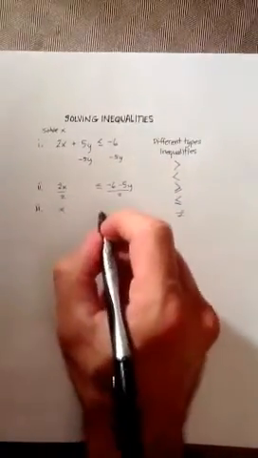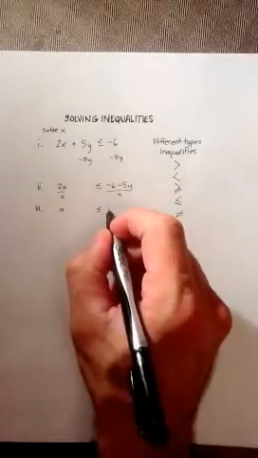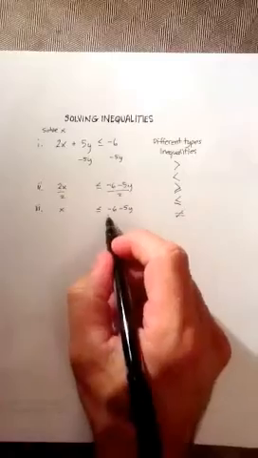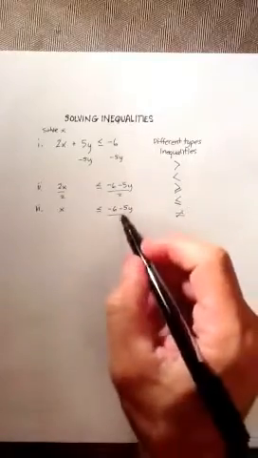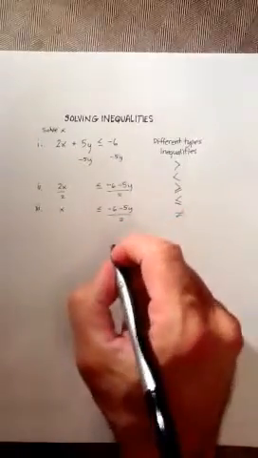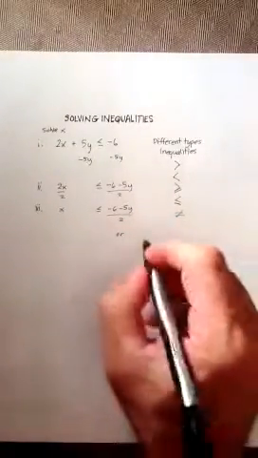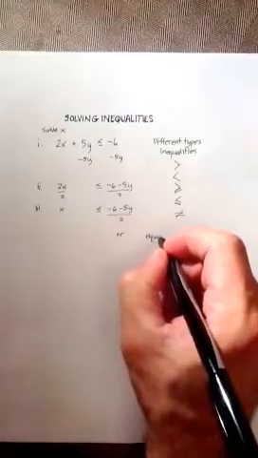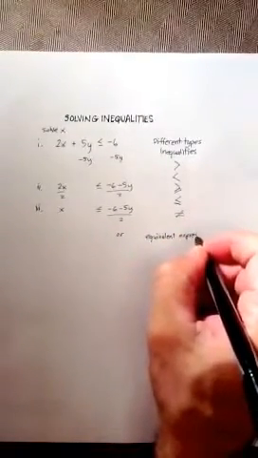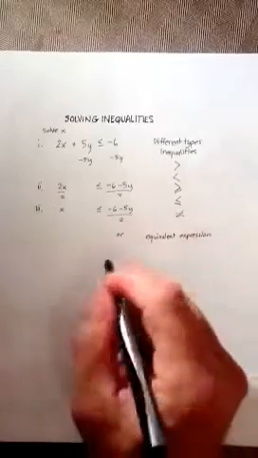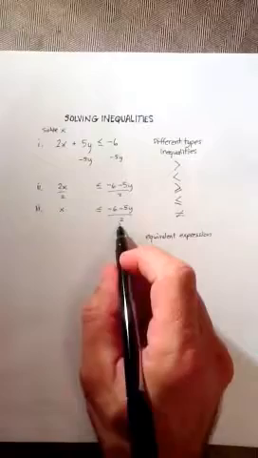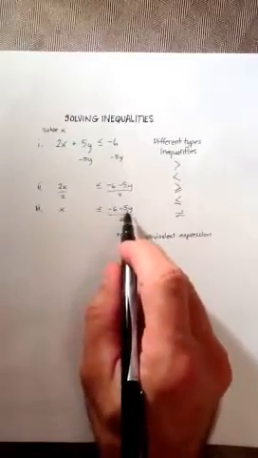And you're going to end up with x is less than or equal to negative 6 minus 5y, all over 2. Now, this expression can be written a couple of different ways. You can leave it the way it is, or you could write what's called an equivalent expression, where you make the denominator for both of the terms in the numerator.